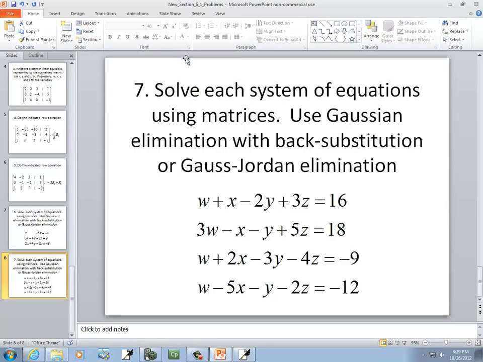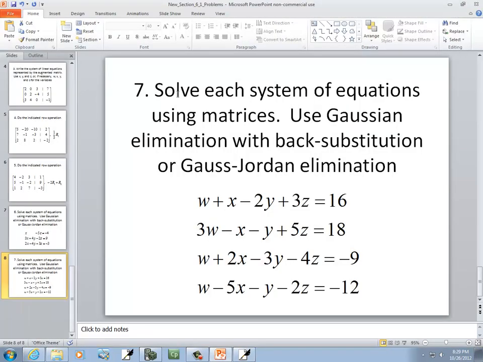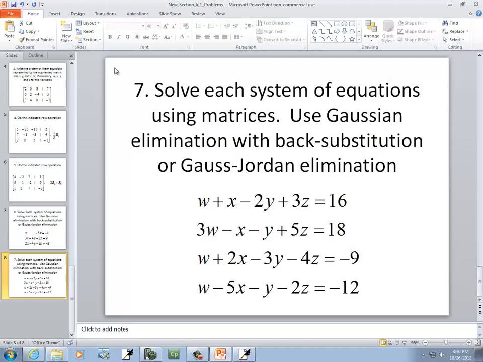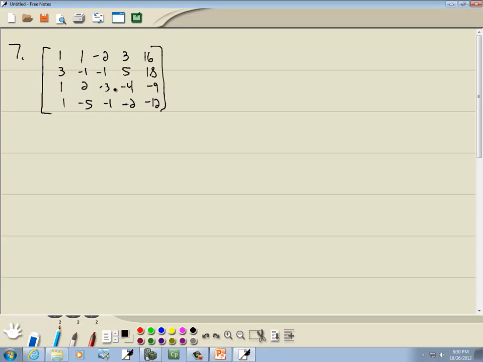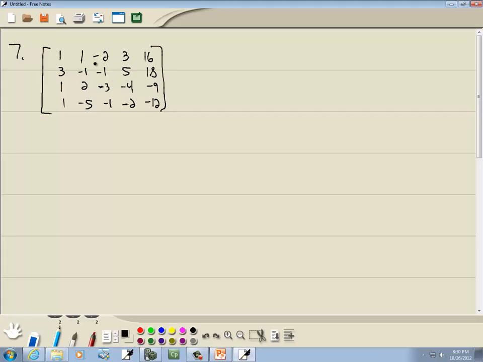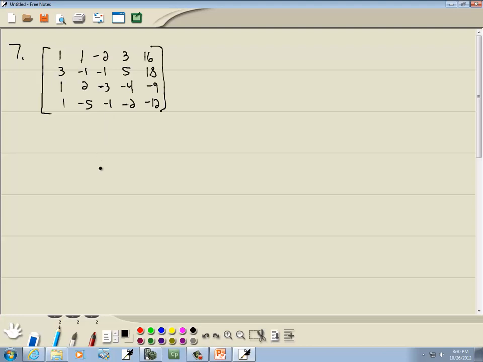Okay, let me double check my signs. 16, 18, negative 9, negative 12, 3, 5, negative 4, negative 2, negative 2, negative 1, negative 3, negative 1, 1, negative 1, 2, negative 5, 1, 3, 1, 1. Okay.